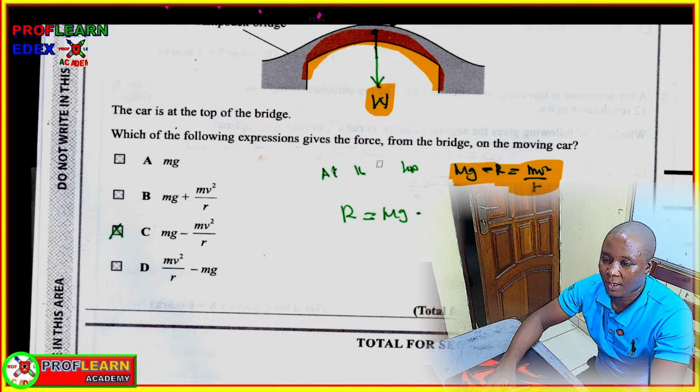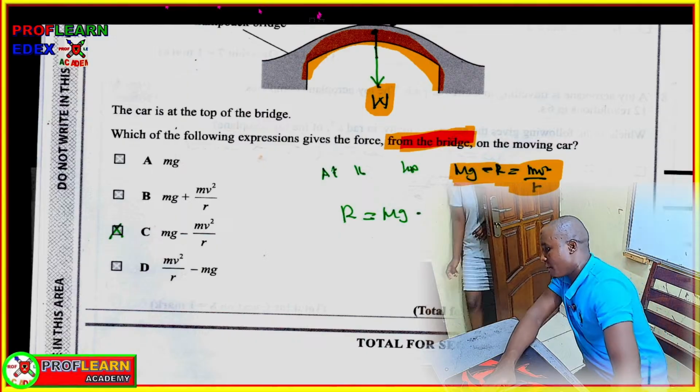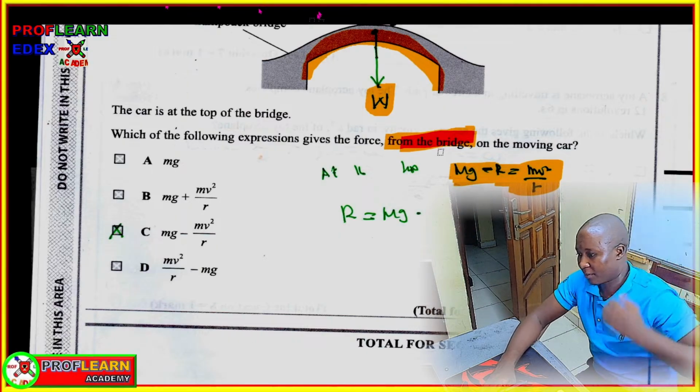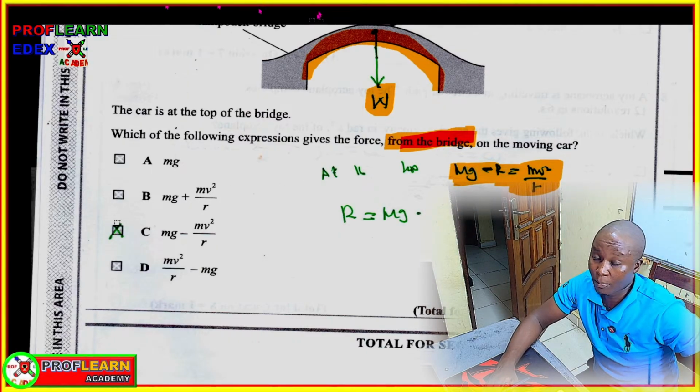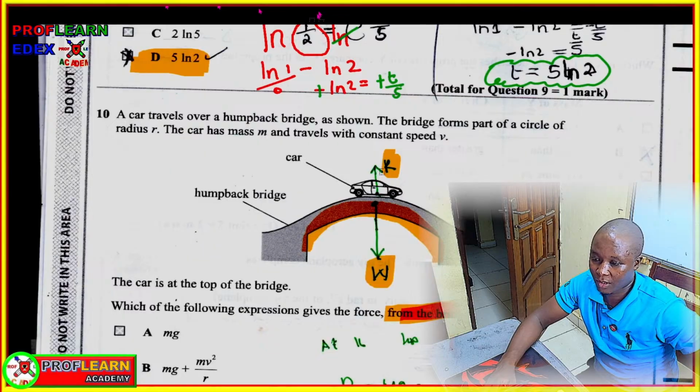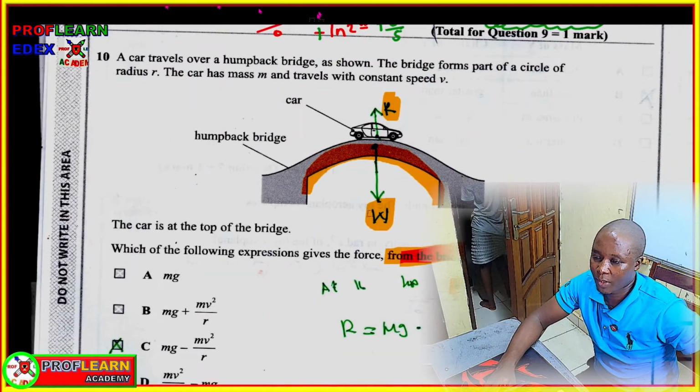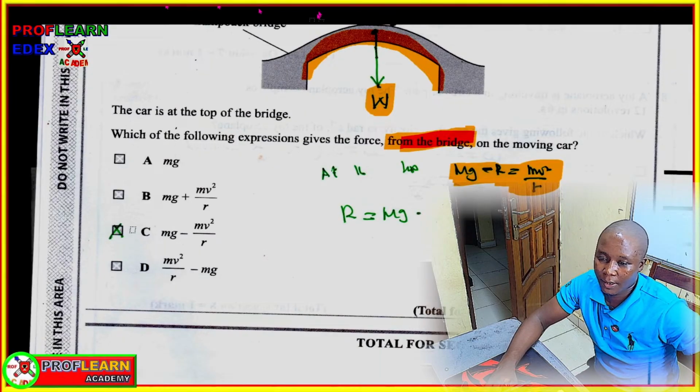In this question you are asked for the force from the bridge, which is basically the normal reaction force that we are having here. So we can say weight, which is mg, minus R is equal to the centripetal force, and the answer for that case becomes C.